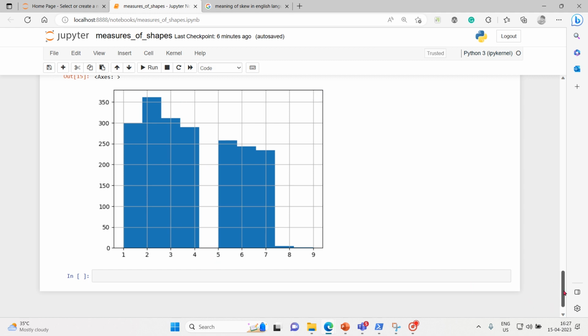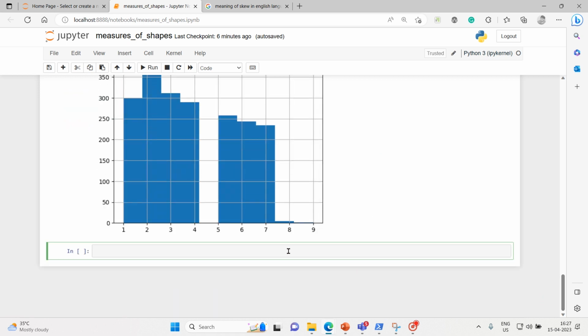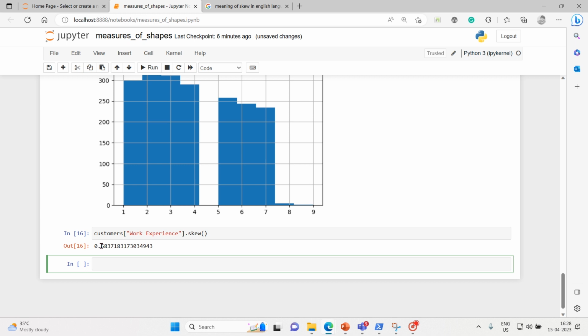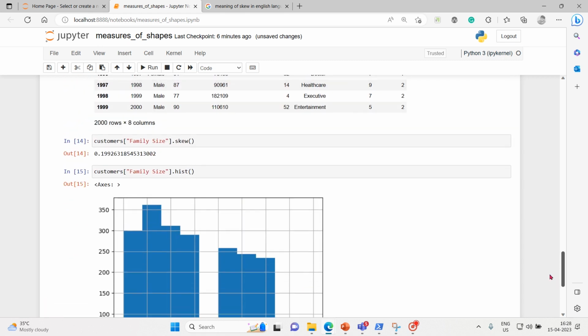And next, let's look into one more. That's work experience. Let's see work experience. Okay, see, this is 0.68, which is greater than 0, and much greater than the previous one.